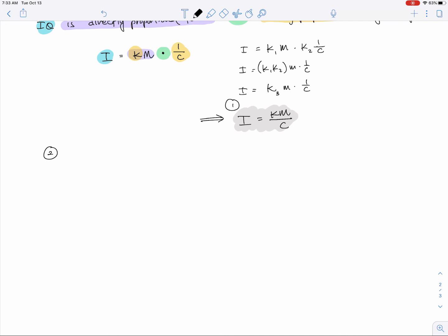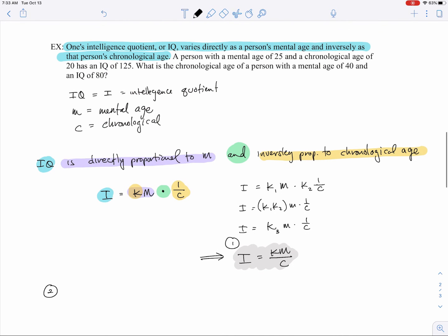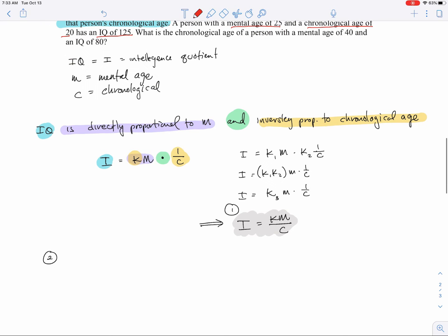Step number 2, let's go ahead and plug some information in. So let's see. A person with a mental age of 25 and a chronological age of 20 has an IQ of 125. So we have I is equal to 125, C is equal to 20, and M equal to 25.